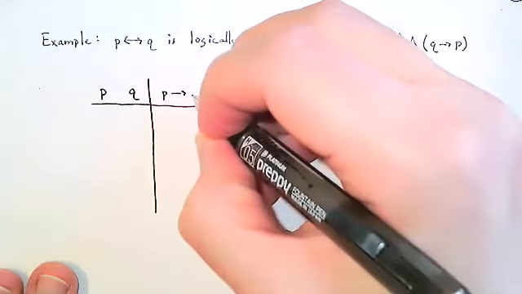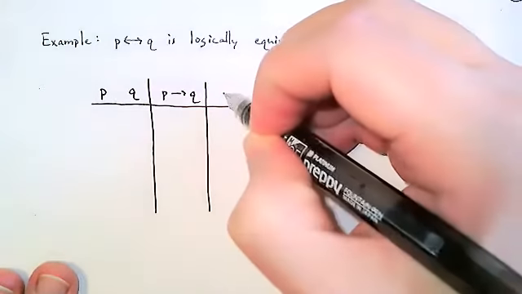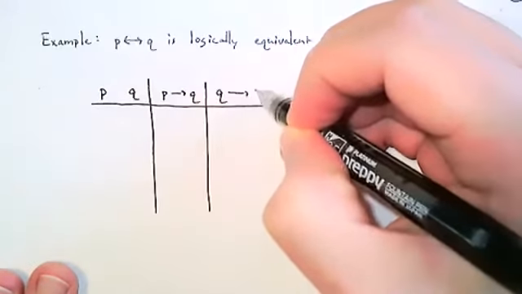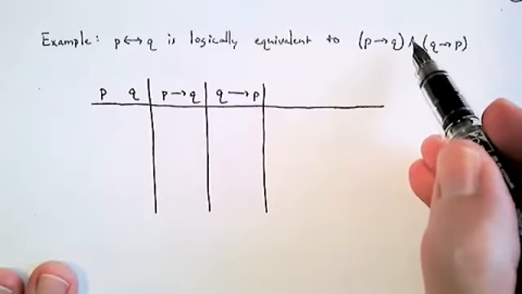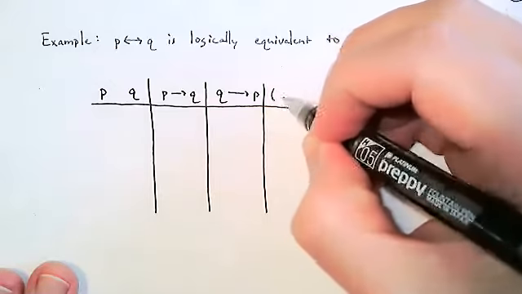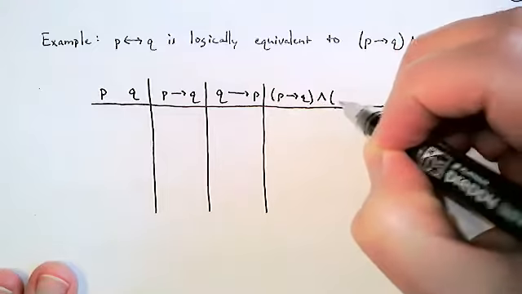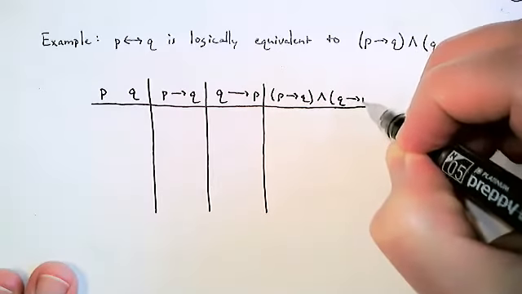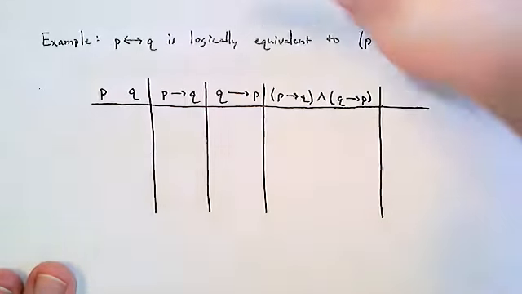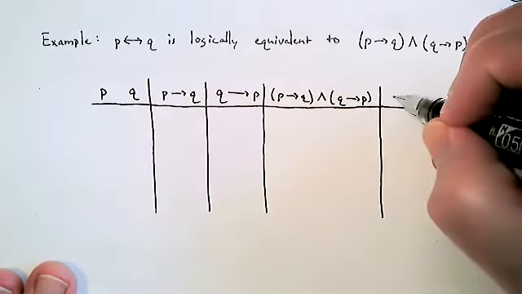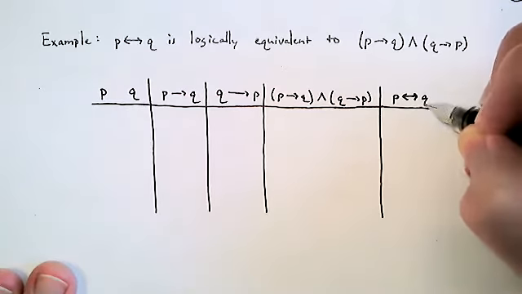So we'll make a column for if P then Q. We'll make another column for if Q then P. And then we'll put them together with an and: if P then Q, and if Q then P. And then we'll finish with a column for the biconditional, P if and only if Q.